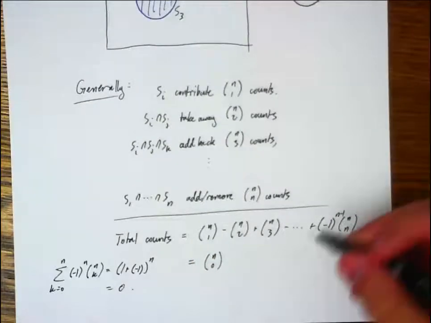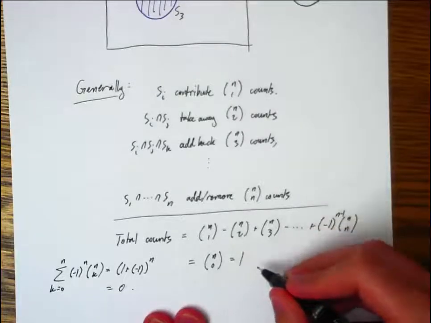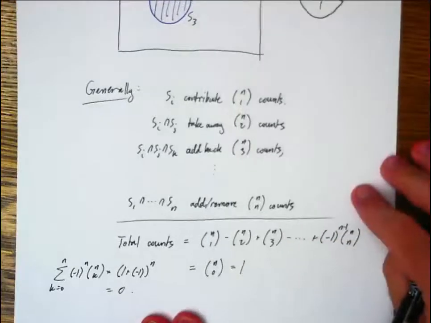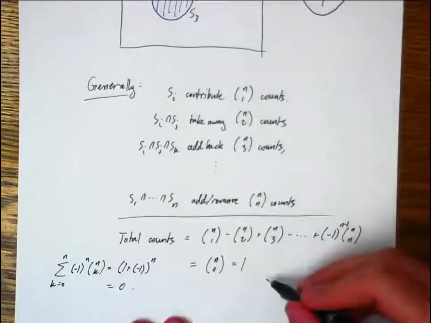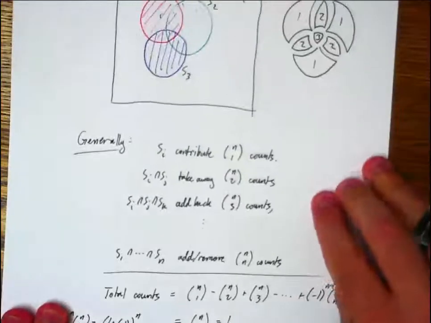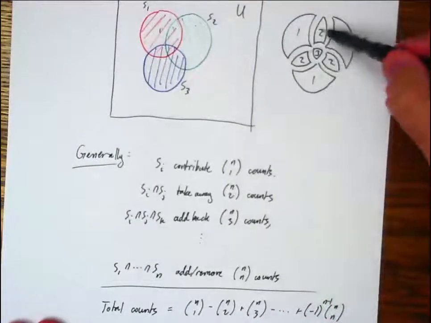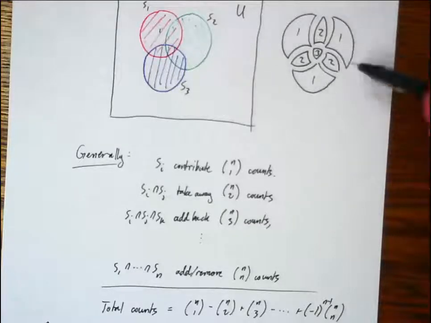Okay, so that means that everything in here was counted exactly once. There are no overcounts, there are no undercounts. So everything lives in at least one of these, and everything is going to be divided up into this new partition where everything is counted exactly once.